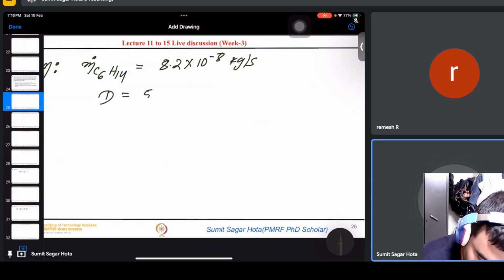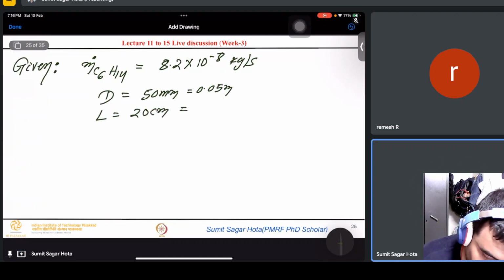What is the diameter? 50 mm, 0.05 meter. What is the length? 20 centimeter, 0.2 meter.